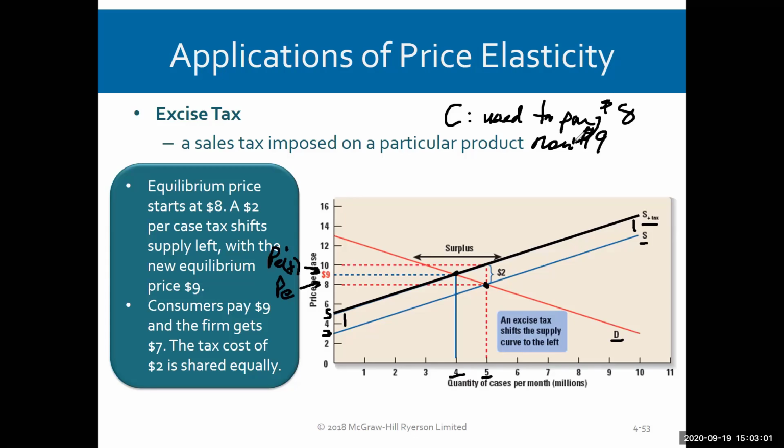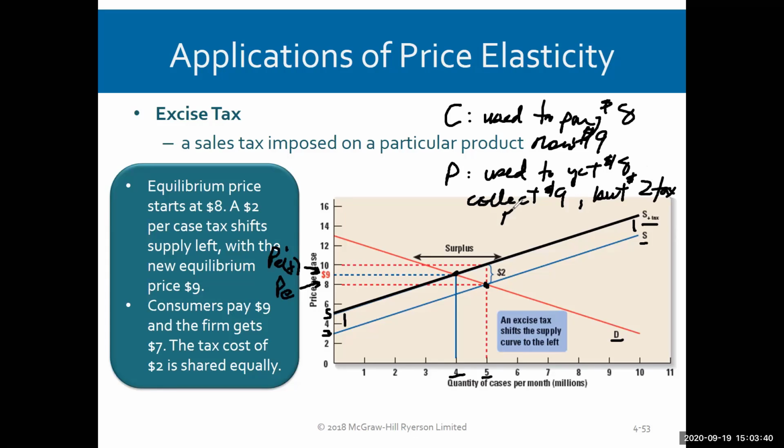And you think of producers, they used to get $8. Now they get $9, but they have to give $2 away to the government. They collected that tax, but they have to give it back to the government. So producers used to get $8. Now they collect 9, but $2 goes to the government in tax.